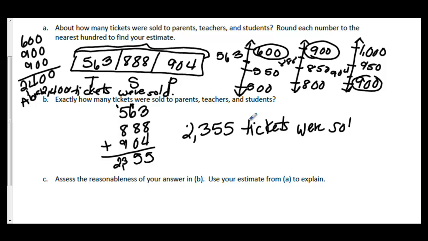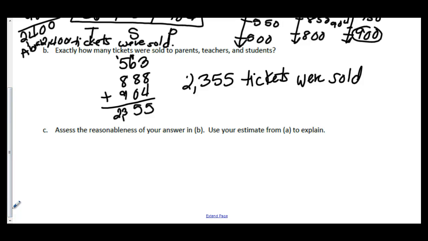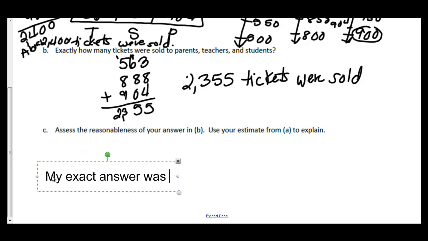So again, it says assess the reasonableness of your answer, and B, use your estimate from A to explain. So again, I'm going to type because my typing is a little bit clearer than my writing. So I'm going to say my exact answer is 2,355.